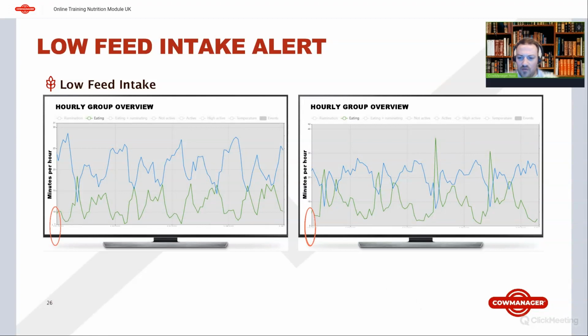So what percentage of dry matter is taken in the AM compared to the PM? That's a good question. That also depends on the number of push-ups during the day, of course, and whether there's a secondary fresh feeding during the day or not.